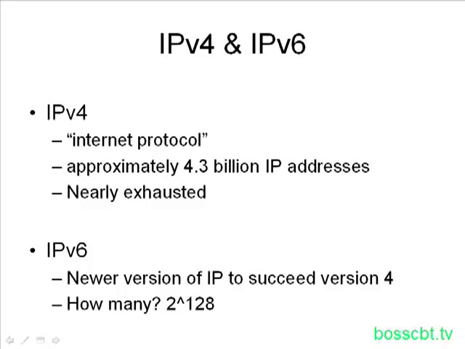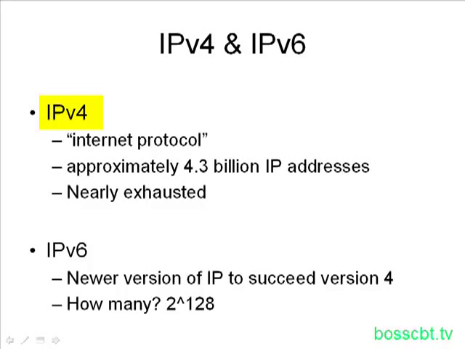There are two versions of IP addresses. One that has been around for a while, which is IP version 4, and the new one is IP version 6. Now new, it's been around for a while as well, but it's only recently that it's been actually gaining popularity and actually being used. And we'll figure out the reason why in just a second. So IP version 4, IP stands for Internet Protocol.